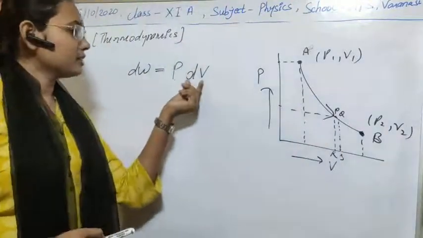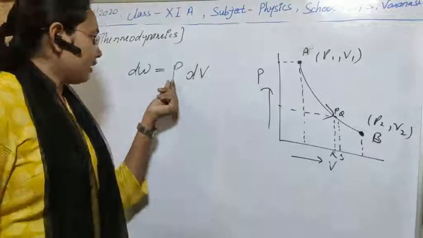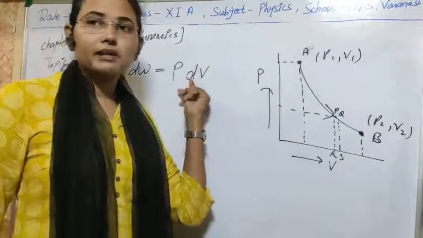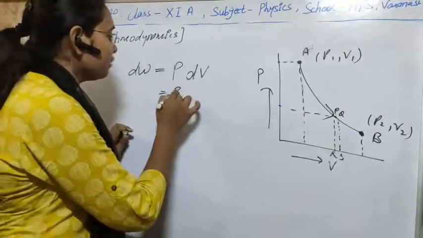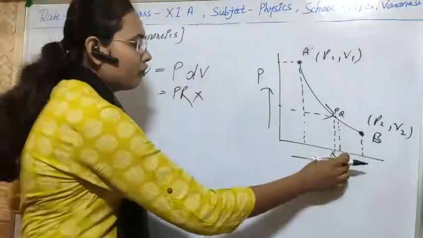Let's take that as dV. So this pressure will be P and this will be dV. So what will the pressure be? The pressure will be P, and what will dV be?